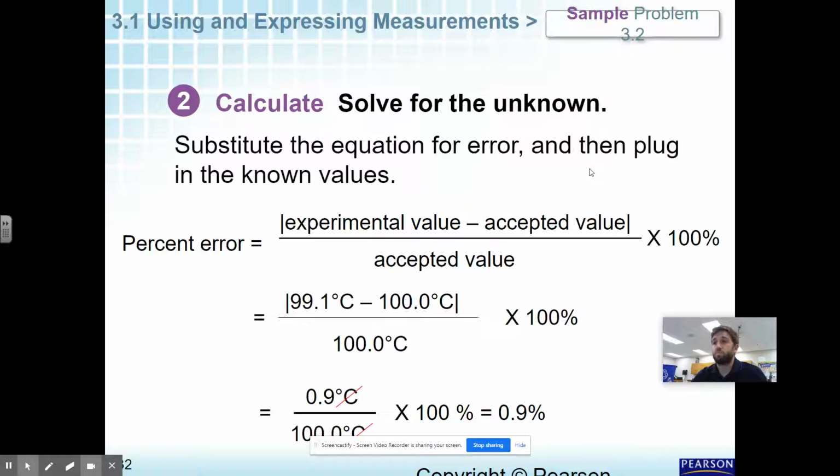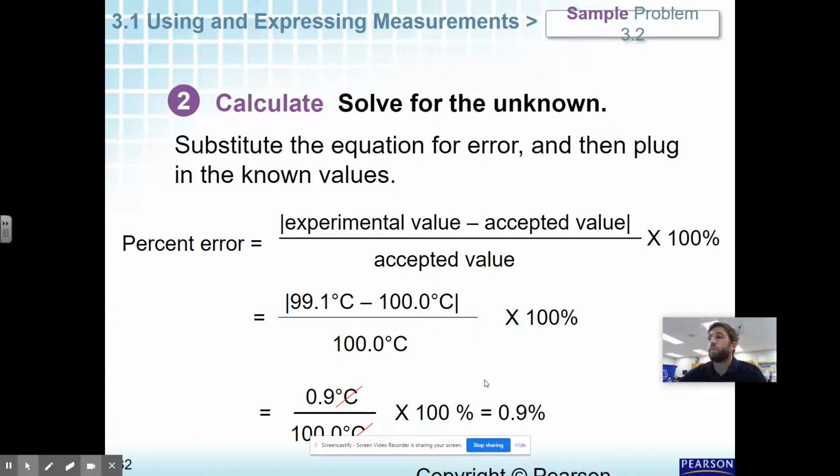So let's look and see what those numbers are. Percent error, experimental minus accepted. We make that absolute value because we want to make it positive if it happens to be negative, over the accepted value. So we got 99.1 degrees Celsius is the experimental value, minus 100, which is the accepted value, absolute value of that, over 100 times 100%.